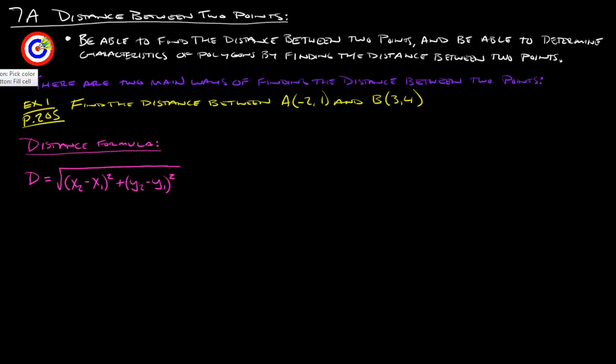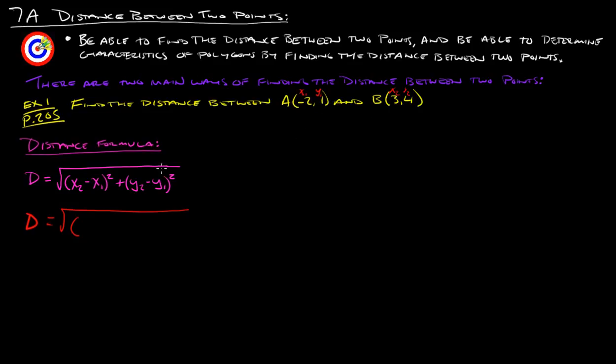We've got distance equals the square root of x2 minus x1 squared plus y2 minus y1 squared. I'm going to call this x1, y1, and x2, y2, because that's the first point, that's why it gets the 1s, and that's the second point, that's why it gets the 2s.